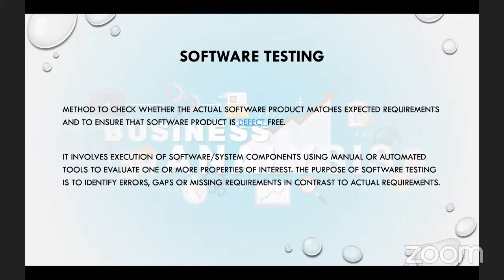So there are a series of things done to ensure that we check for errors, gaps, and missing things, making sure that everything the stakeholders said they want is out there and working as well, right? Okay.